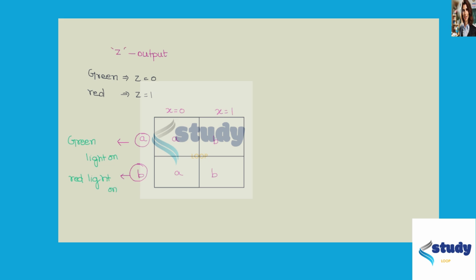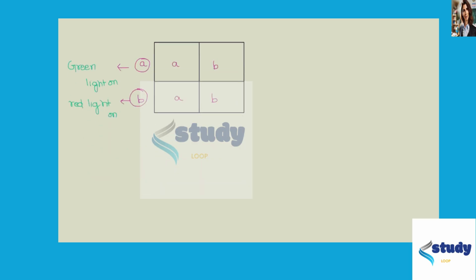So we have answered the first part of the question, and this can also be written like this: x equal to 0 and x equal to 1, and again x equal to 0 and x equal to 1.